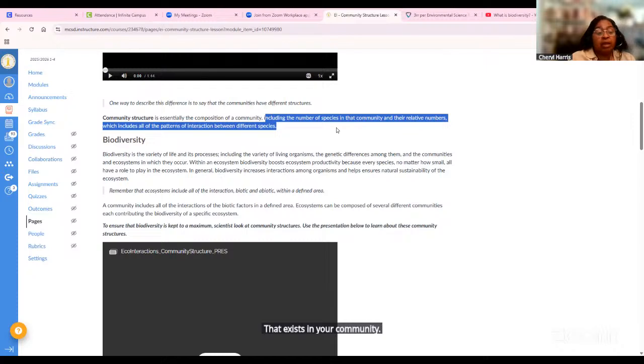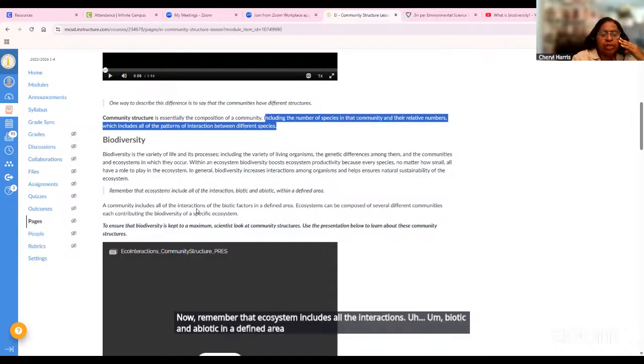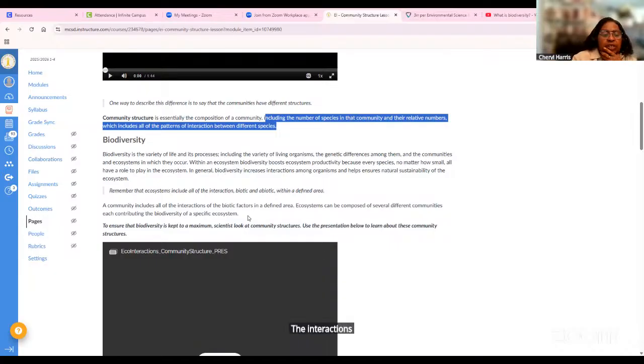Okay? All righty. Now, remember that the ecosystem includes all the interactions of biotic and abiotic in a defined area. So the community, the interactions are just still biotic, just the living things.